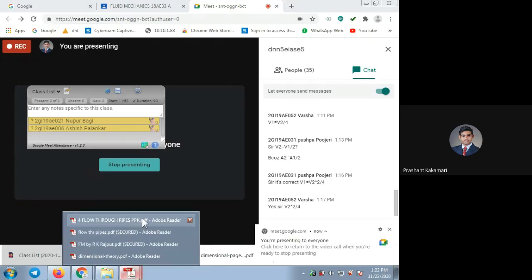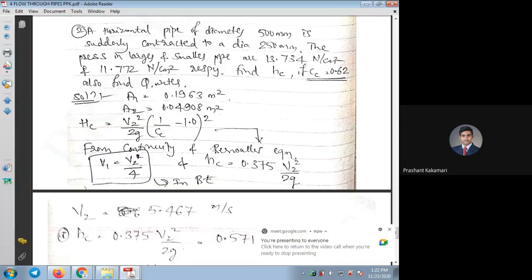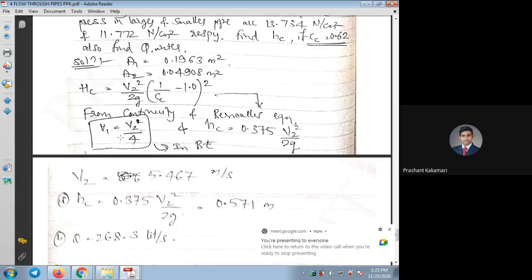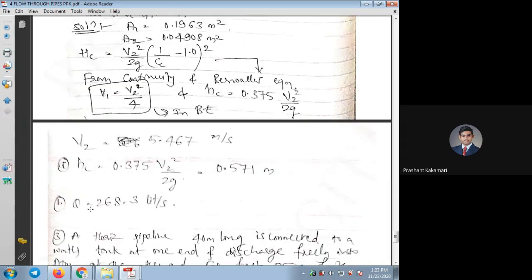Whatever the answers and short procedure I have mentioned here, this continuity equation or Bernoulli's equation, you write in detail and later check how V1 is to be substituted in terms of V2 and other things, and these answers: head loss due to contraction, velocity at the sudden contraction pipe, velocity at the larger pipe, and discharge.